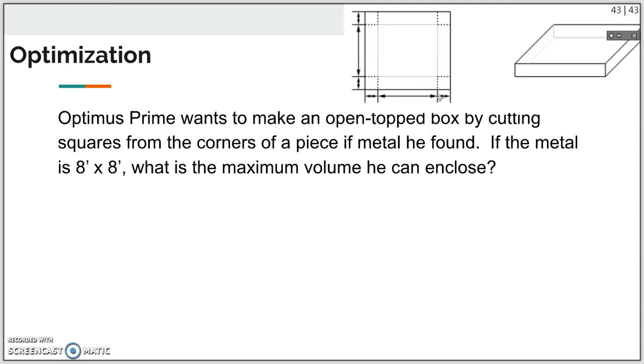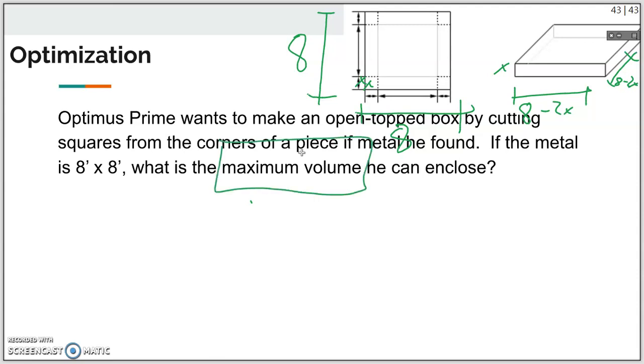So we've seen this problem many times. We're making an open-topped box. It's saying that this is 8 and this is 8. So then if we cut out x from the corner, x would become the height, and then we've got 8 minus 2x and 8 minus 2x. So we want max volume, so we need an equation for volume, length times width times height.